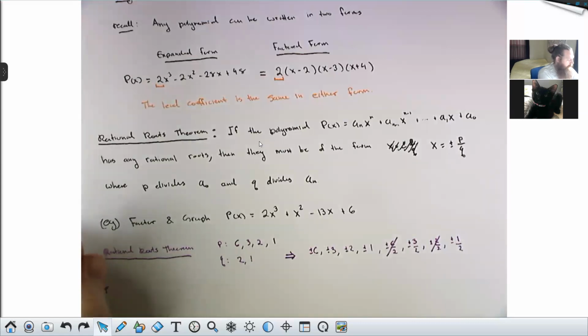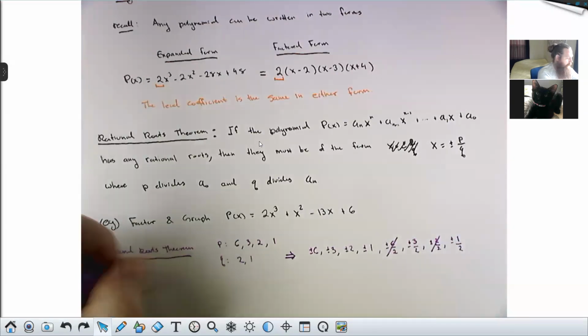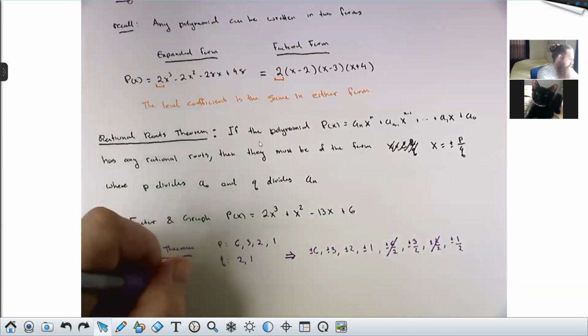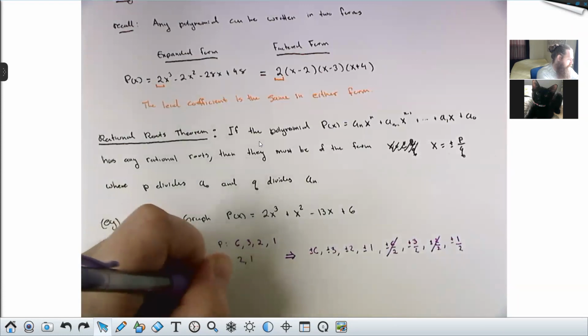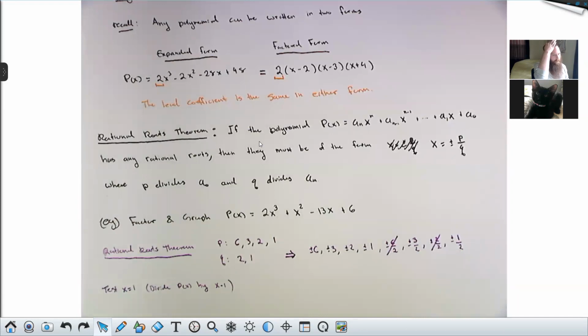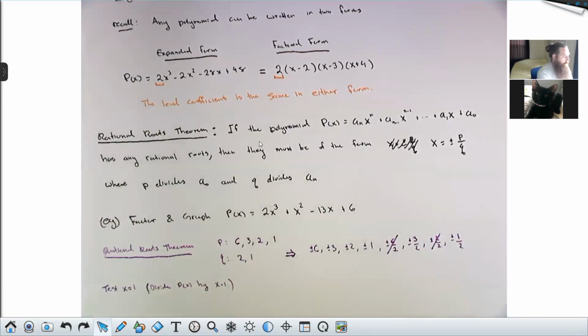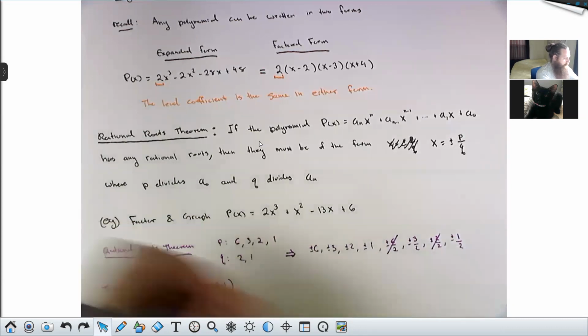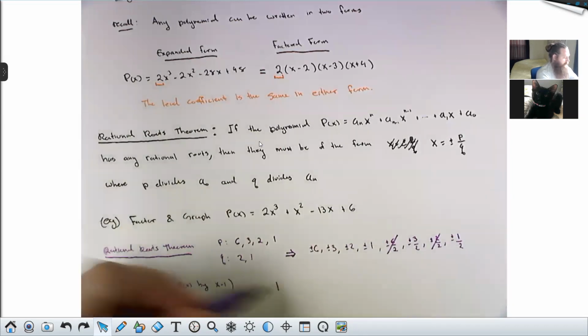So I'm going to start by testing x equals 1. In other words, I'm going to divide p of x by x minus 1, because x minus 1 is the factor that would give me a root at 1. And the way we do that synthetic division, I write the 1 here, right? Dividing by x minus c, you just write c.